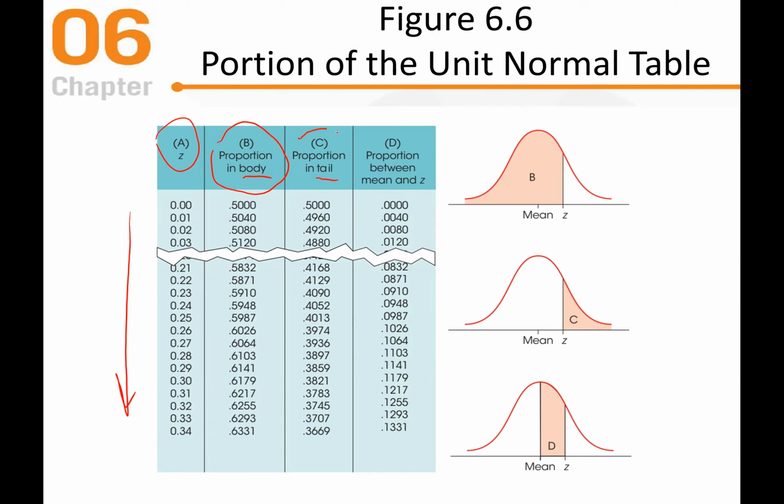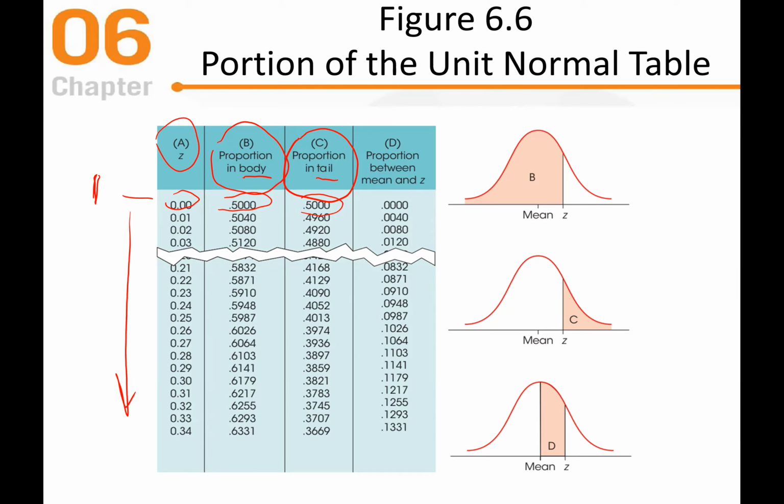The tail is always going to be the smaller part. They have their own respective columns. So if the z-score is 0, meaning that it's the mean, the proportion in the body is going to be 0.50, and the tail is going to be 0.50, because these have to add up to 1.